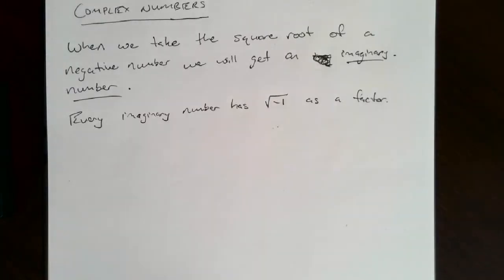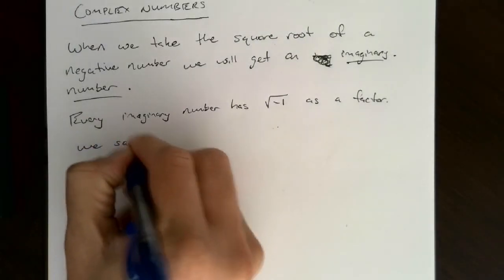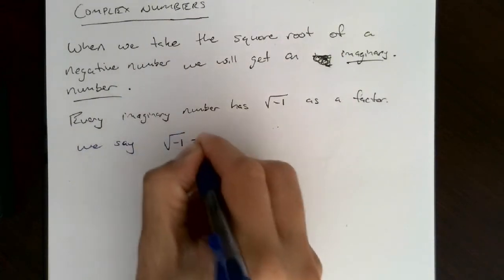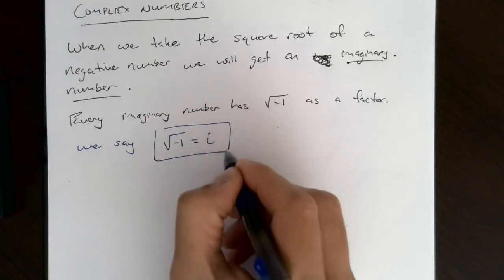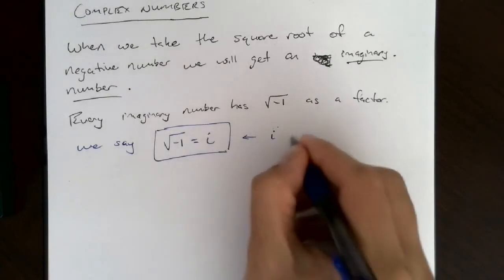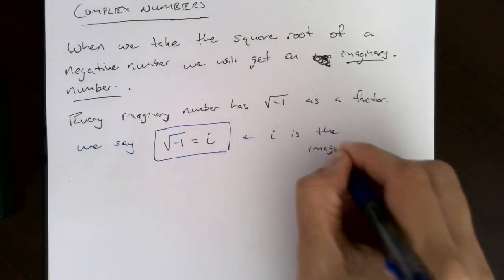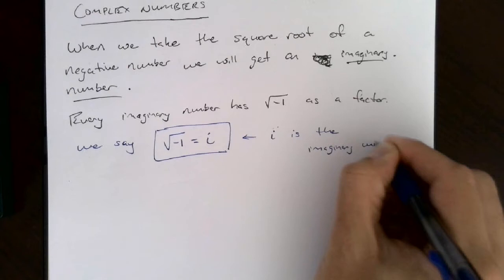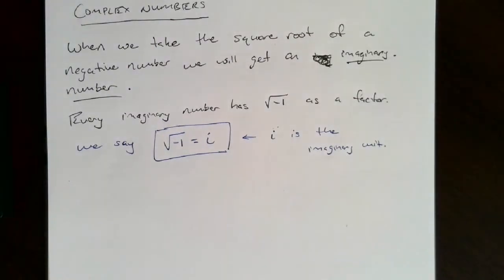And the square root of negative 1 is what we're going to call the imaginary unit, which is equal to I. So we say the square root of negative 1 equals I. And we're going to be using that. So whenever you have a square root of negative 1, we're going to simplify that to I, where I is the imaginary unit. It's equal to the square root of negative 1, but we use I to represent it.